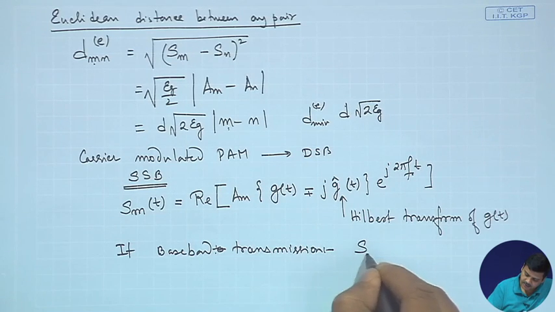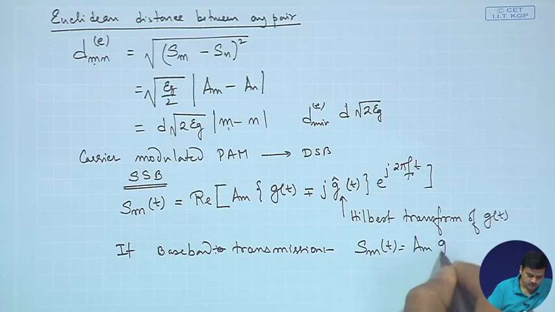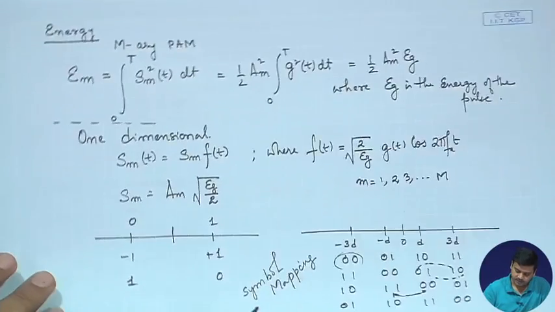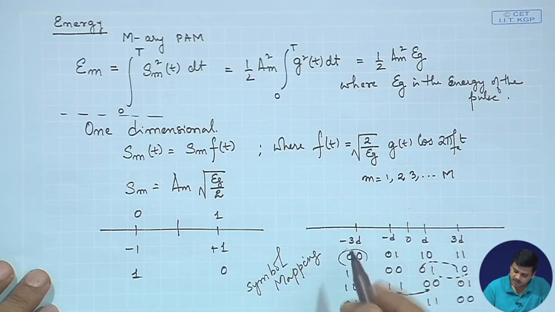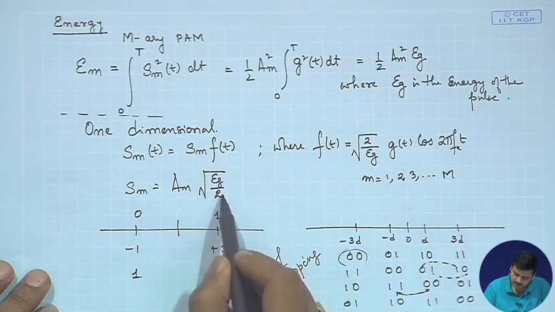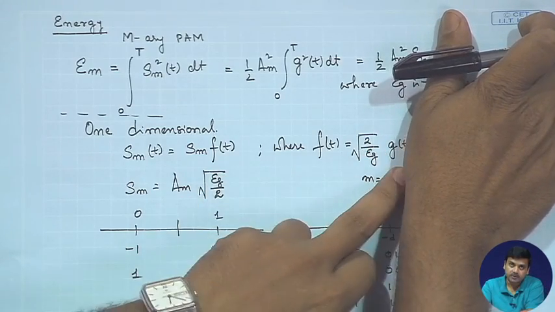then we would write Sm of t is equal to Am g(t), and that is also clear from here, because Fc is 0, cos 2 pi Fc t is 1. So, we have Sm, which is this multiplied by this portion. So, this and this cancels out, you have Am times g(t).